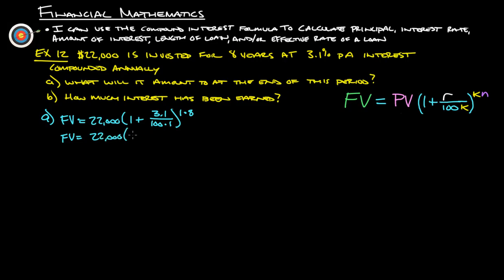22,000, 1 plus 3.1 divided by 100 is 0.031, right? Because we just move the decimal over 2 spots. And then 1 times 8 is 8.